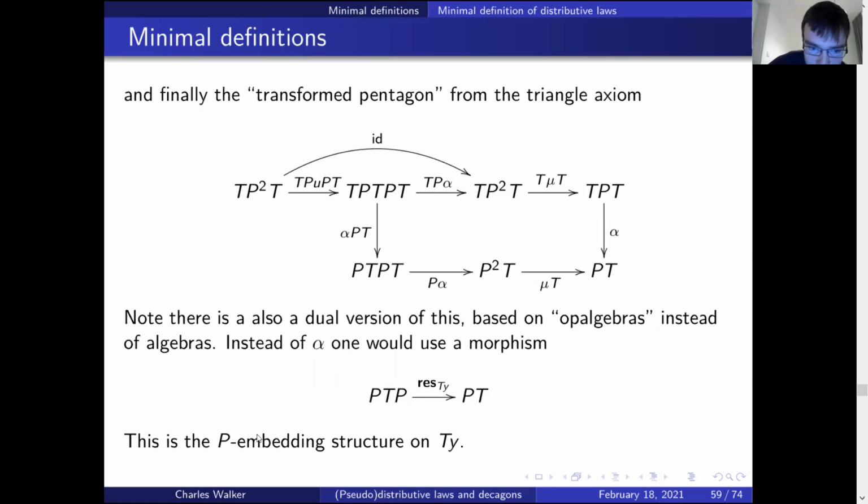This would be the P embedding structure or the P admissibility structure on the map TY, for people who know about that sort of thing. And I think this dual version naturally shows up when you lift to the category of algebras extensively instead of doing the Kleisli stuff.